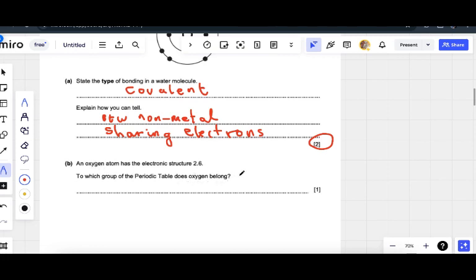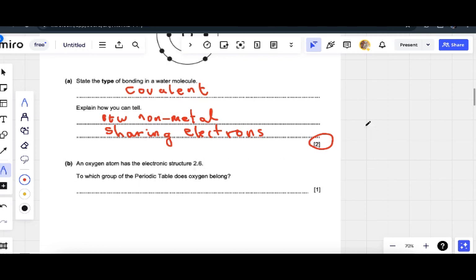Groups are determined by the last number in the electronic structure, while periods are determined by the number of shells.